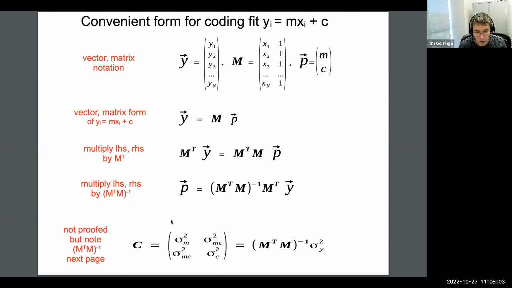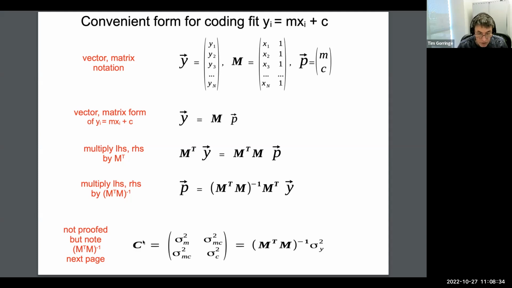Now, I'm not deriving here how we calculate the errors on the best fit parameters, and also the correlations between the two parameters. You can prove that in a similar way. As I say, I'm not proving it, but let me just write down the solution for the errors.